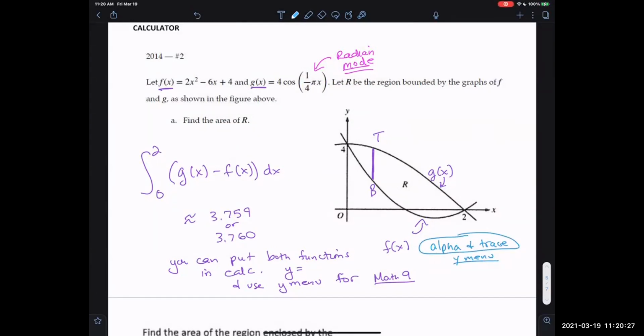And you just have to keep track of which one you put in y1 and which one you put in y2. The calculator is awesome, but if you don't remember which one you made y1 or which one you made y2, I sometimes even do this, so I label it for myself, okay? Which one is which, so you know what order to do your subtraction in, okay?